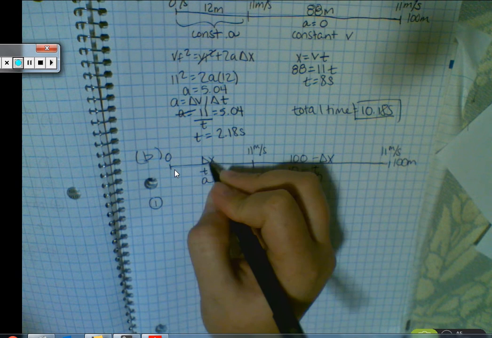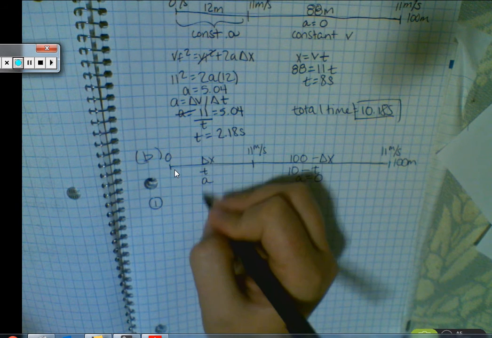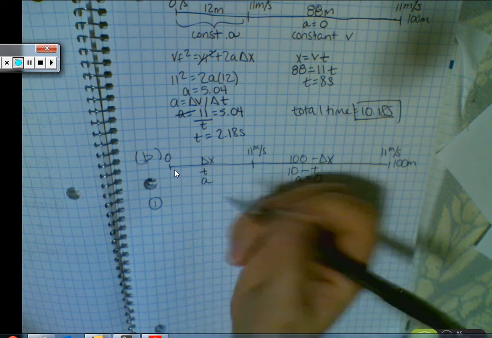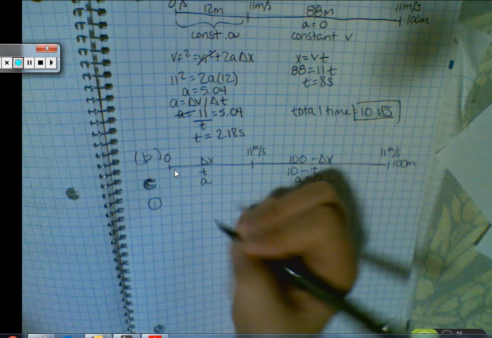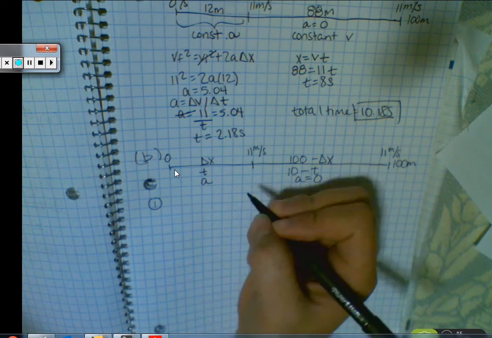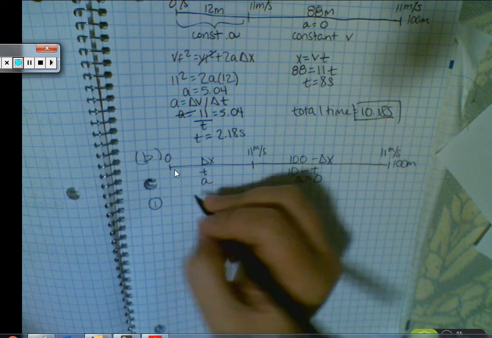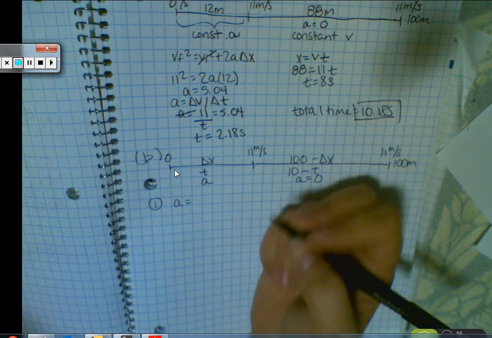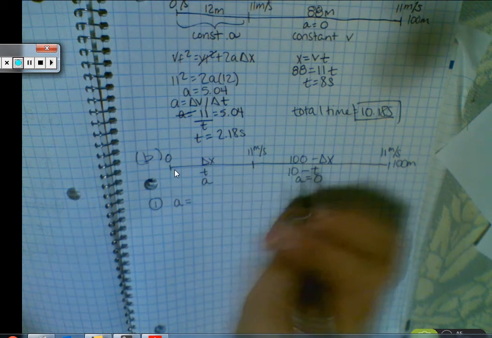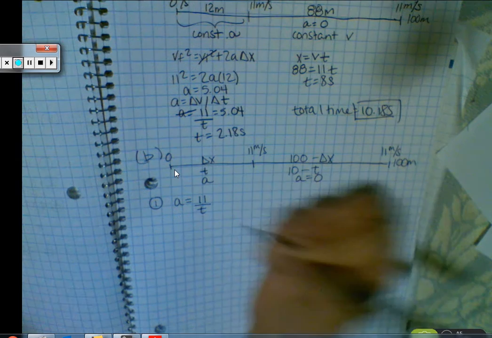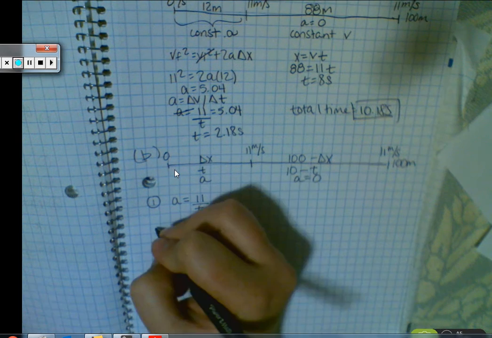I'm going to write down the acceleration equations, since this is constant acceleration, and plug in some numbers. The first equation I think of is a equals vf minus vi over t, or delta v over delta t. Here a, I don't know, equals 11 minus 0, which is 11, over t. I don't know t, so that's all I can write with that equation.